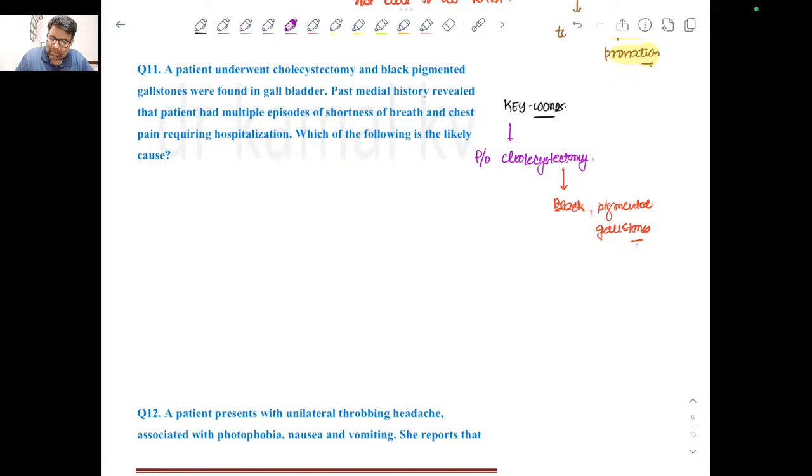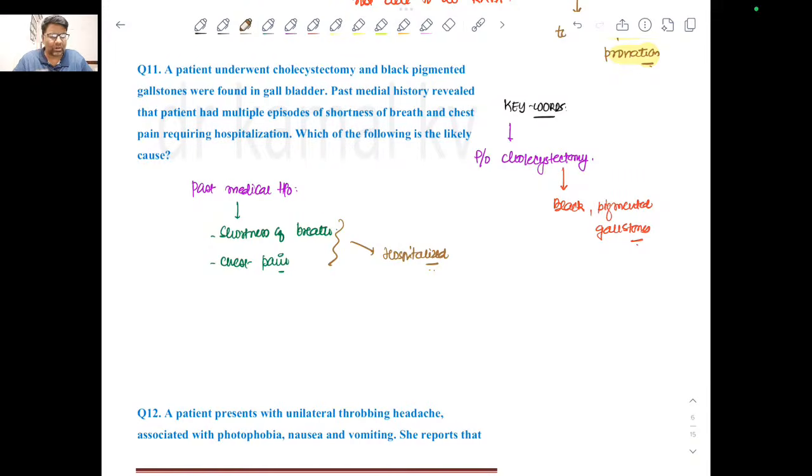Then another is past medical history of what? Shortness of breath, that is dyspnea, chest pain, and because of this the patient has to be hospitalized.